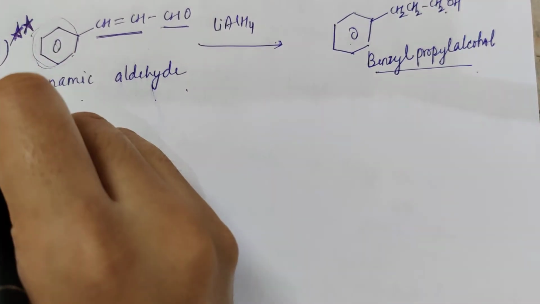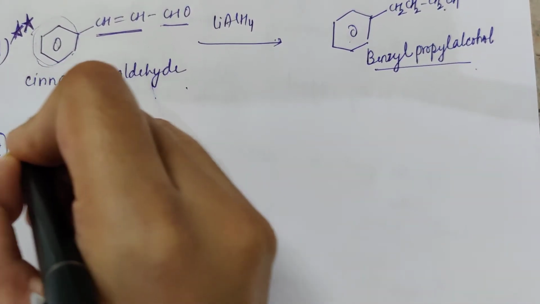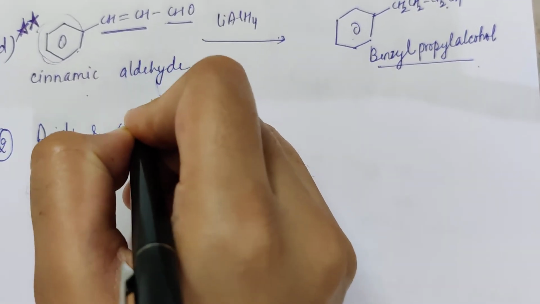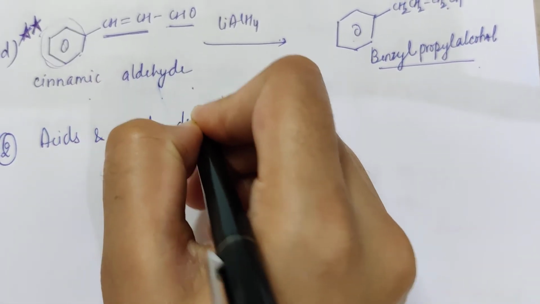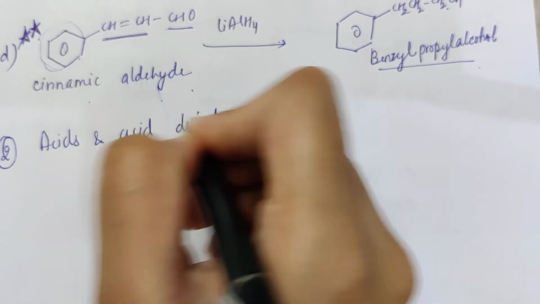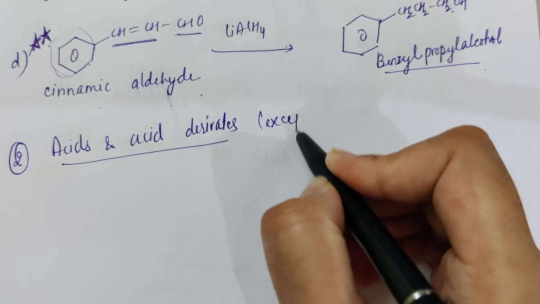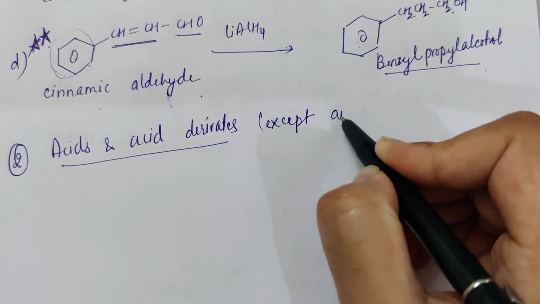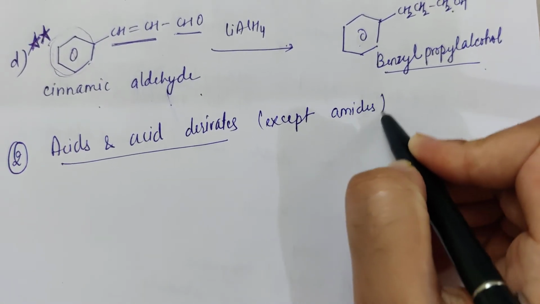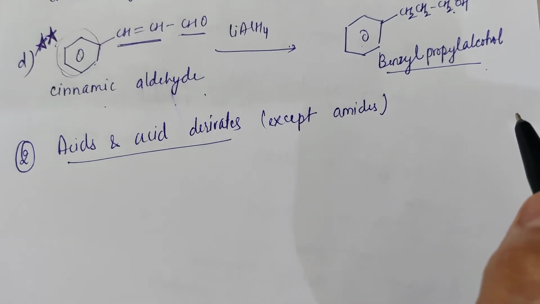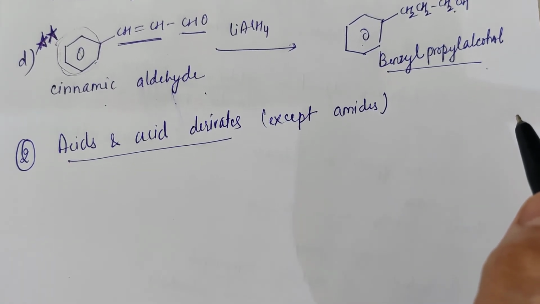Next is acids and acid derivatives. Acids and acid derivatives except amides are reduced to alcohol by lithium aluminum hydride.